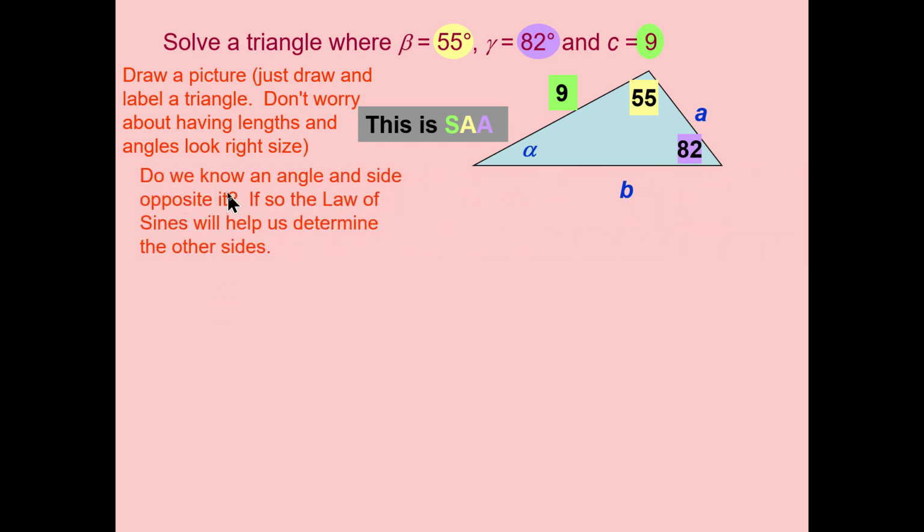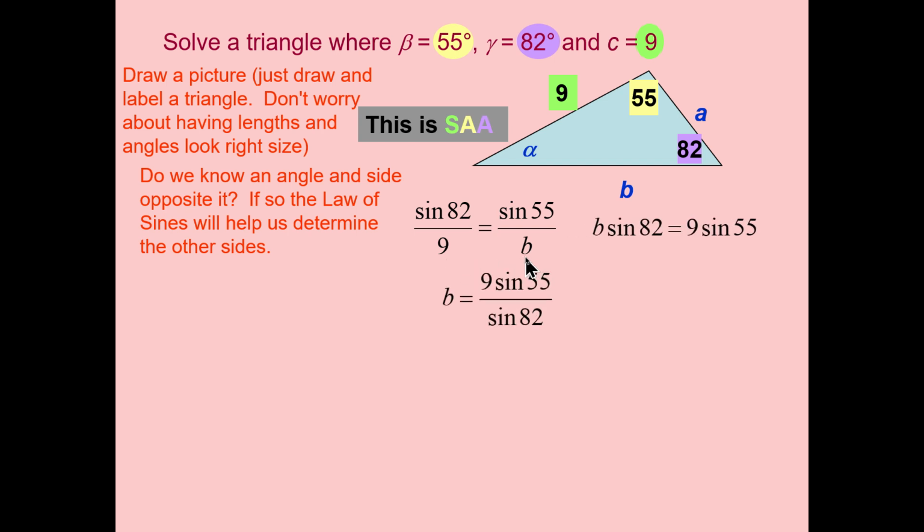We have an angle on the side opposite, and the law of sines will help. So we can set up a proportion here and solve for the missing variable. And it gives us one side here for B.